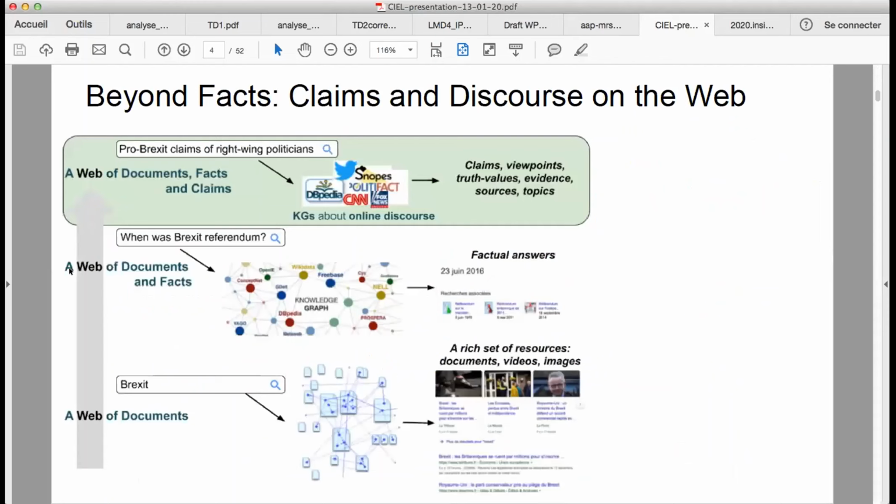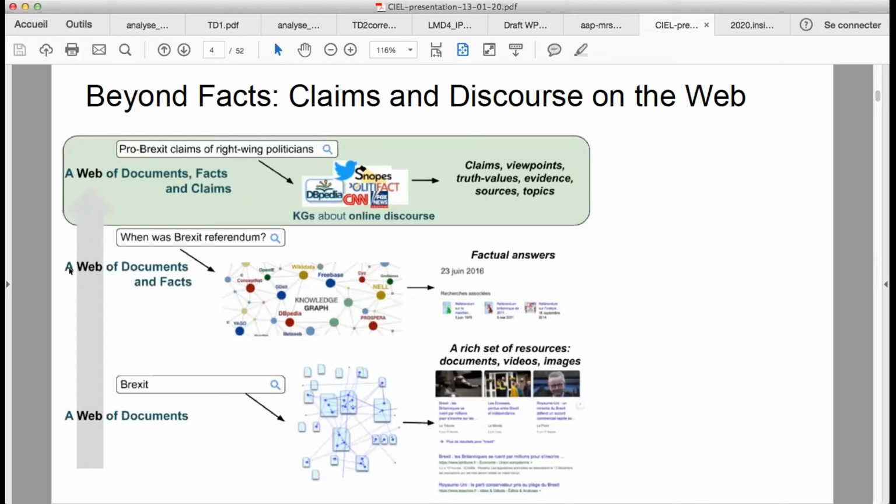So first of all, let's have a look at how the web has been evolving in recent years. Historically, we have what we know as a web of documents, where web pages are connected between each other, and where we can access, thanks to search engines, a very rich set of resources, such as documents, videos, or images.